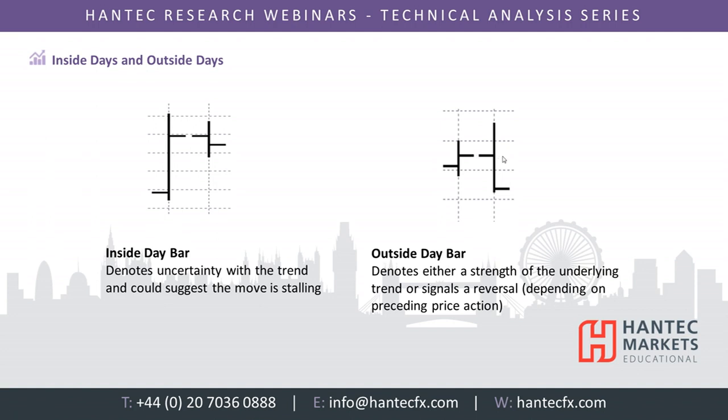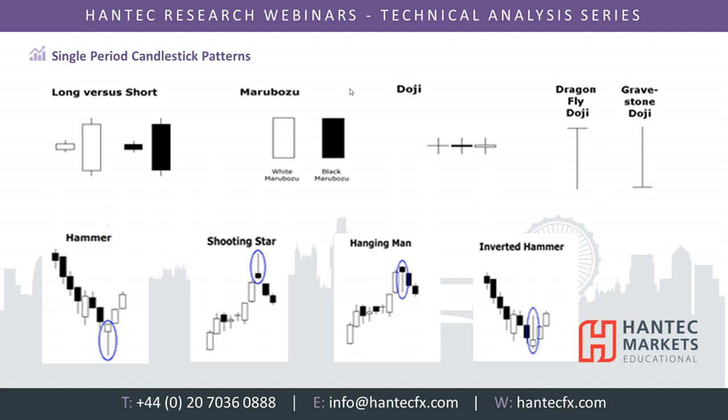So it certainly can denote either strength of the underlying trend or a potential sign of a reversal. So that is a very key trading period, and I do put a lot of weighting behind outside days in my analysis.